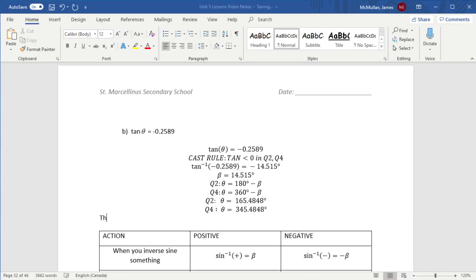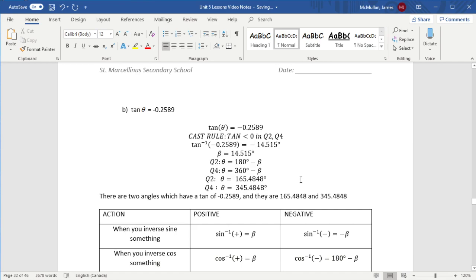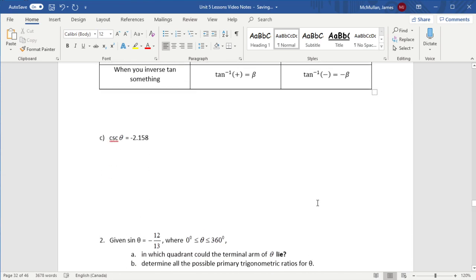So to give my answer, there are two angles which have a tan of negative 0.2589, and they are 165.4848 and 345.4848. I'm not going to draw them just to save us some time, but you can sketch them. All you do is sketch it in quadrant 2 and quadrant 4 with the correct beta of about 15 degrees.